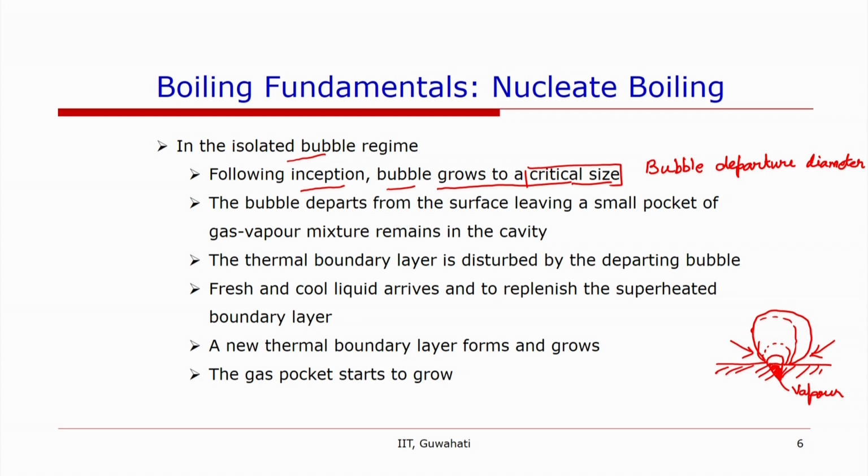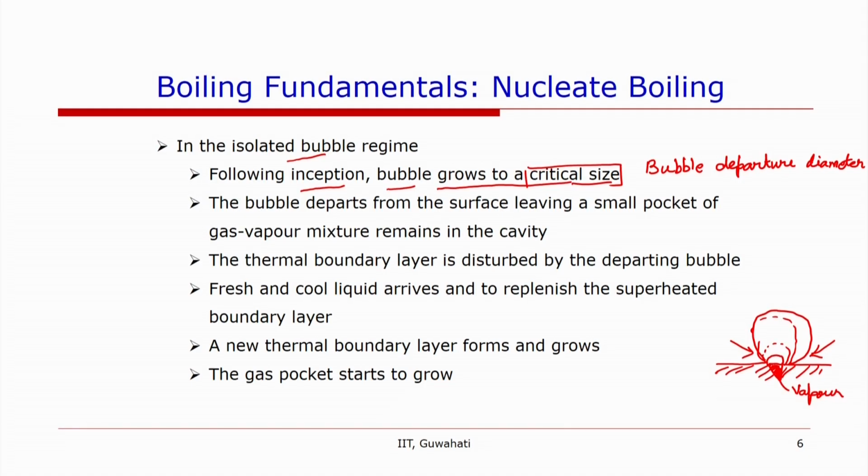You can observe this in a pan of water boiling open to atmosphere. So the diameter at which this bubble starts leaving the surface is called the bubble departure diameter.